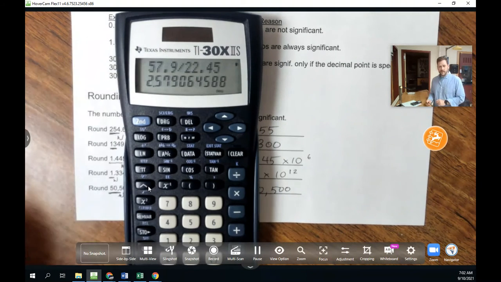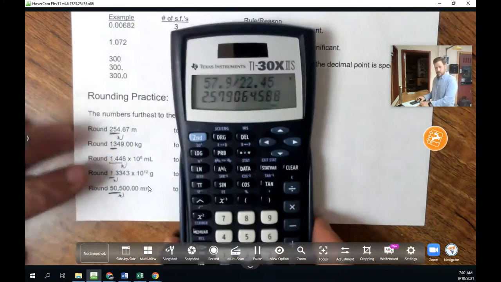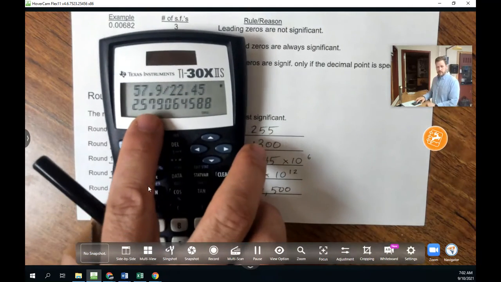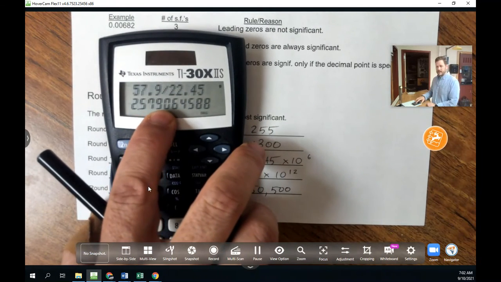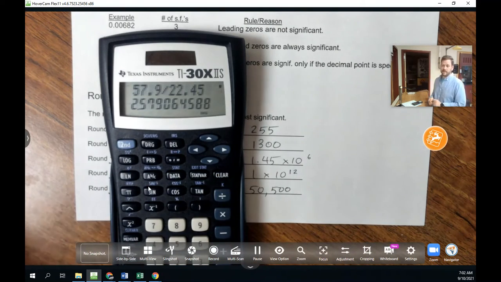So that's what's limiting our precision. How would I round 2.57906 to 3 significant figures? Just like I was doing here, look at the 3 most significant figures. That 9 causes the 7 to round up, and that's why I wrote 2.58 as the answer to that question.